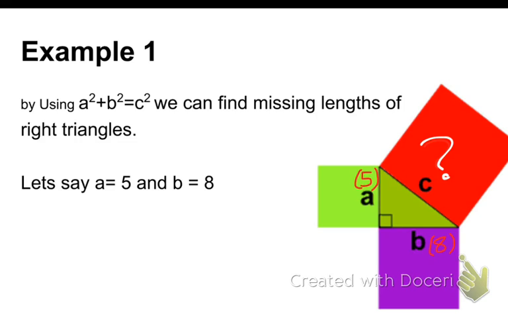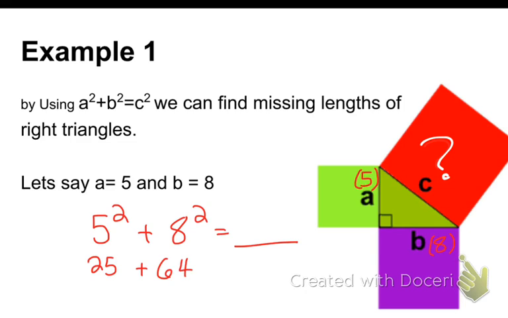Using a squared plus b squared equals c squared, we have 5 squared plus 8 squared equals what? Well, 5 squared, if we simplify that, is 25, plus 8 squared is going to be 64.